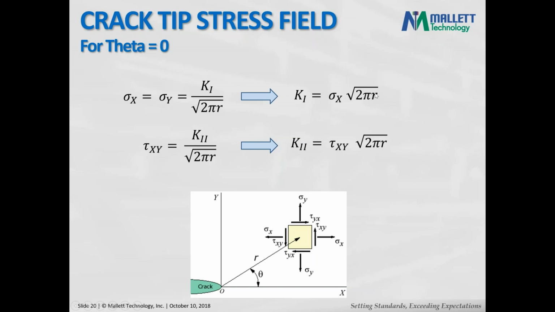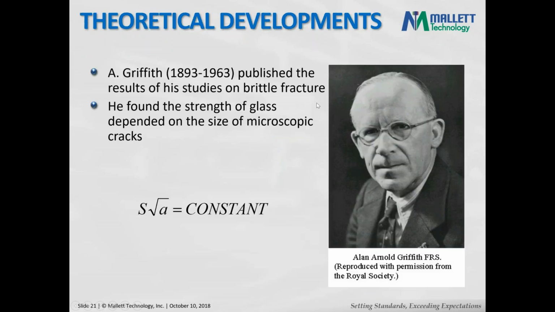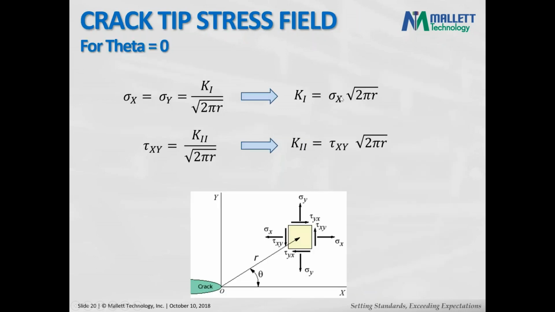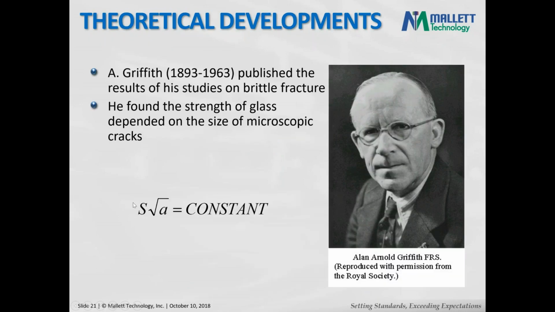And as you see here, it's a function of the radius, how far you're away from the crack tip. So from this formulation, K1 being equal to sigma times square root of 2 pi r is very similar to Griffith's finding: stress times square root of a being a constant.